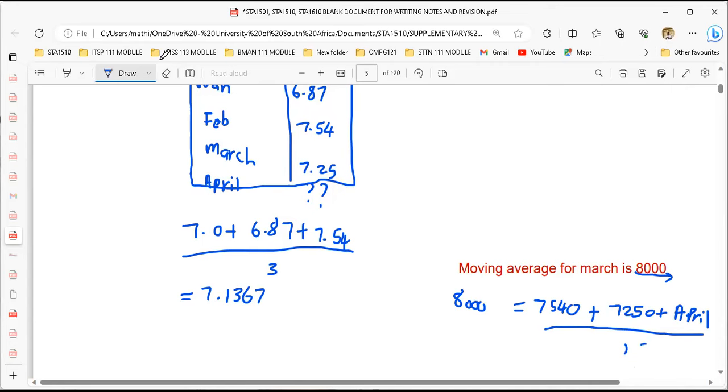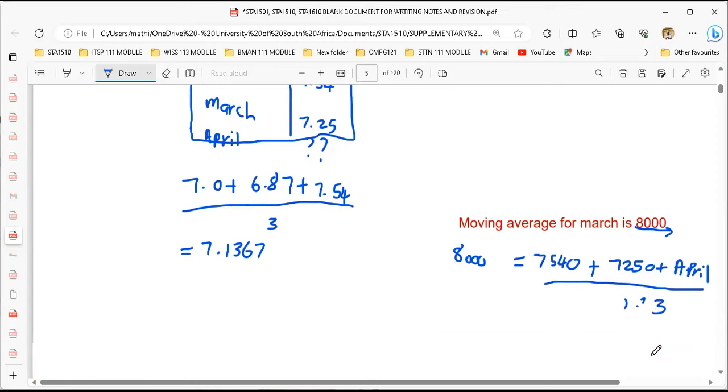Now, when I reach this part, I cross multiply.